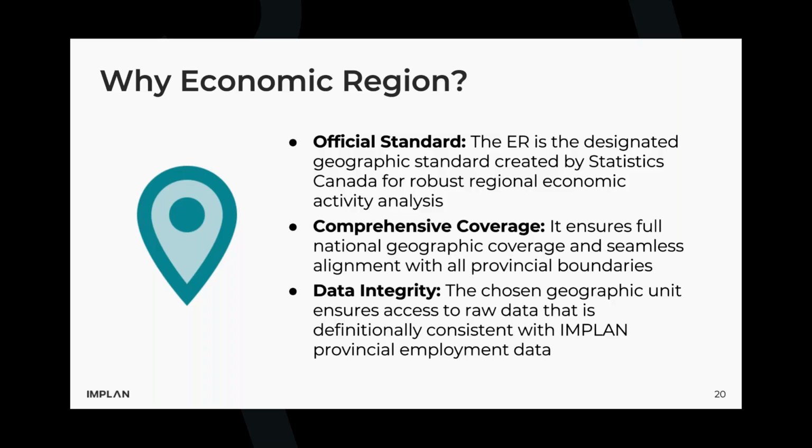The most notable example of this is the Ottawa-Gatineau CMA, which spans the provinces of Ontario and Quebec. So a benefit of full geographic coverage is that analysts can move seamlessly from the detailed sub-provincial level up to the provincial or national level without encountering any gaps or mismatches.